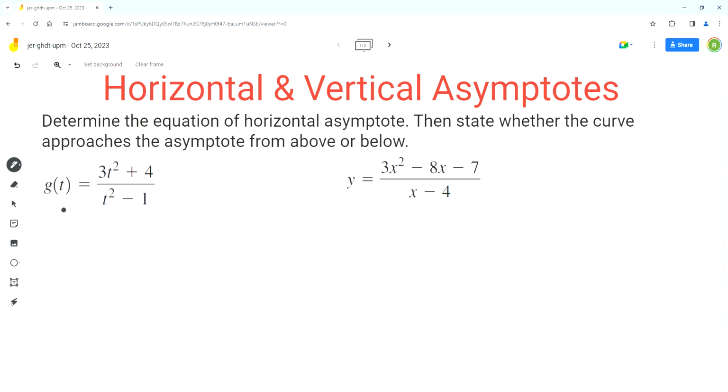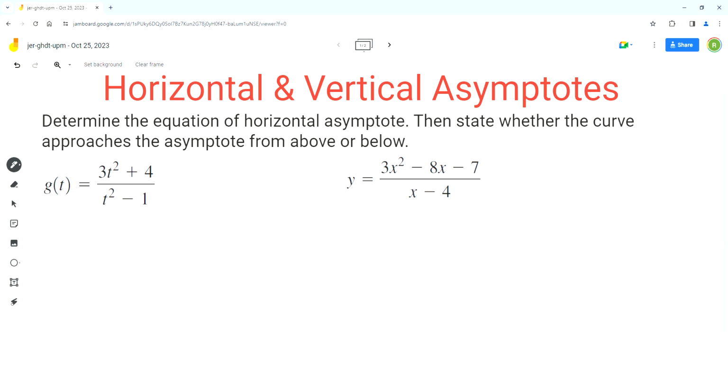As we know, this is a rational function. So in order to find the equation of the horizontal asymptote, we'll have to evaluate the limit for this function as t approaches infinity. Before we do that, we have to modify this rational function. The first step is to identify the degree of the denominator.